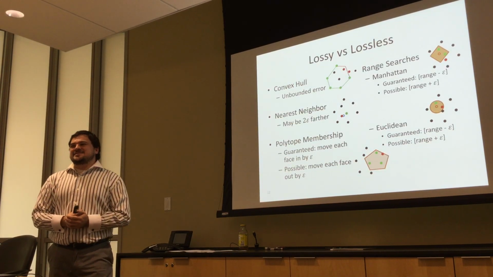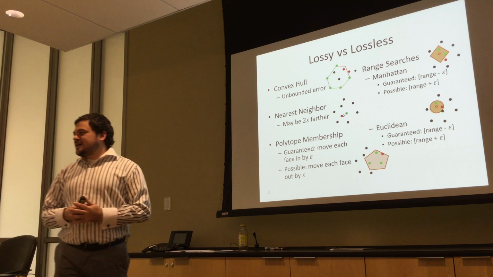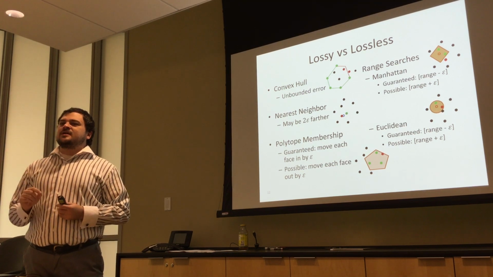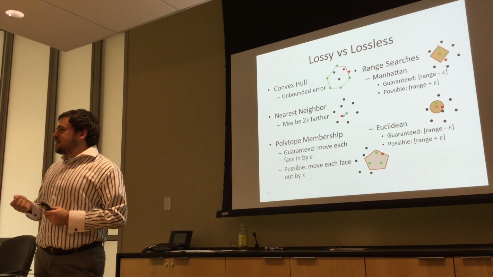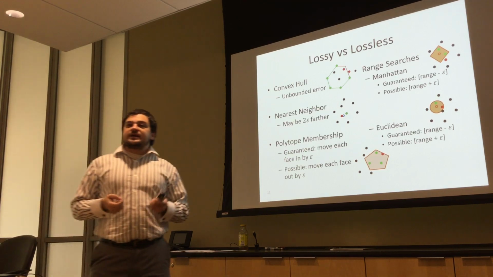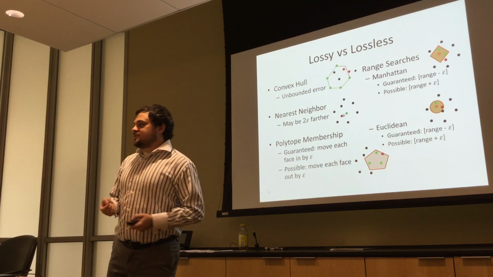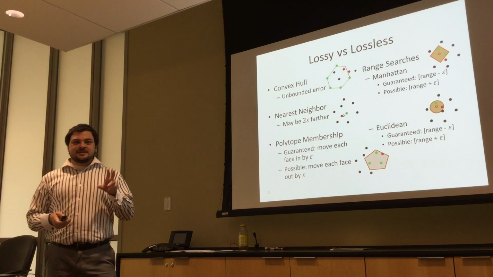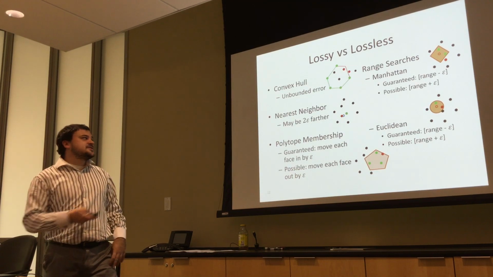Okay. So in the case that the data was lossy compressed, since there's some uncertainty about where the points were in the raw data, there's going to be corresponding uncertainty in the response of the algorithm. We'd like to bound and characterize that uncertainty.